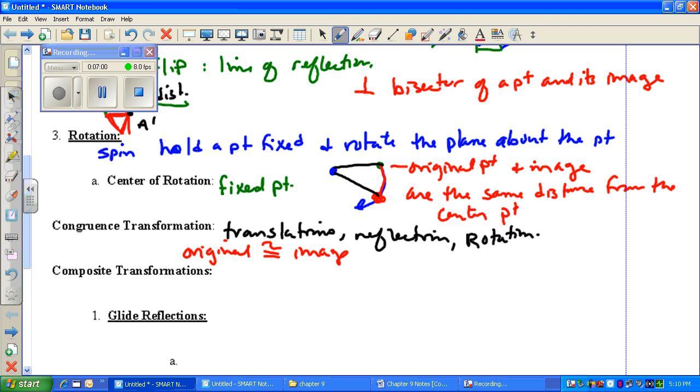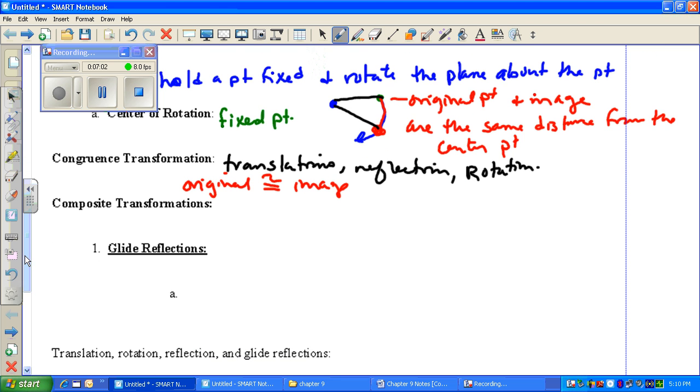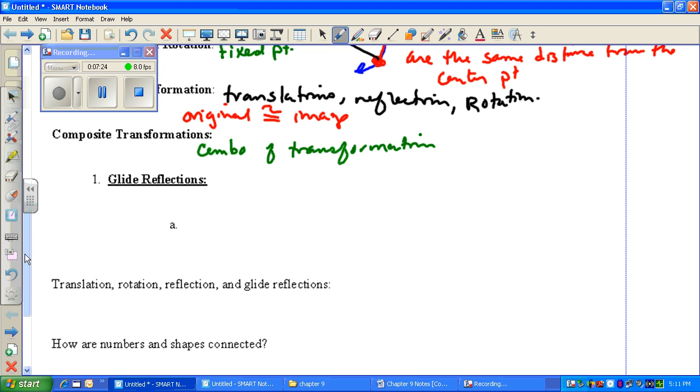We have a thing called a composite. If you remember in algebra, you did some composite of functions, just meaning you put them together. A composite is a combination of transformations. You're going to do more than one. And a famous one is a glide reflection.